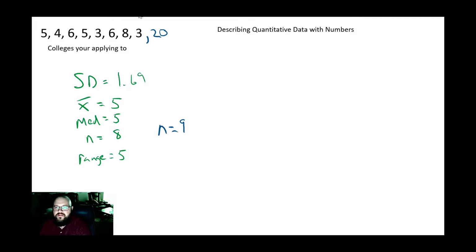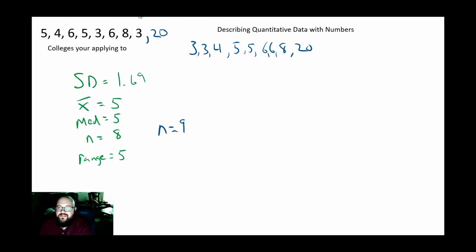And with this, let's put these in order and see if we can find the median. So we have 3, 4, a couple of 5s, a couple of 6s, an 8, and then we had our 20.